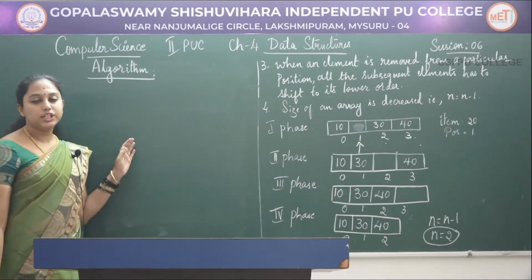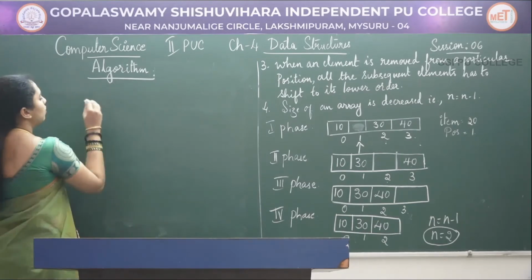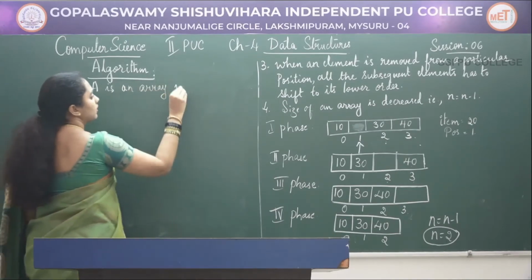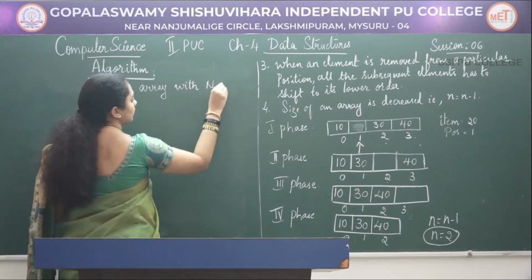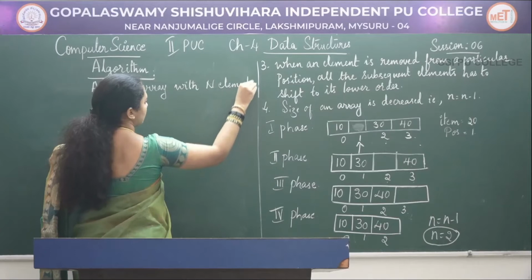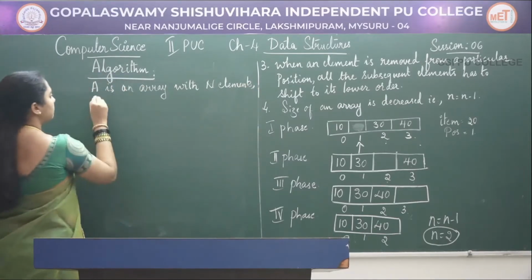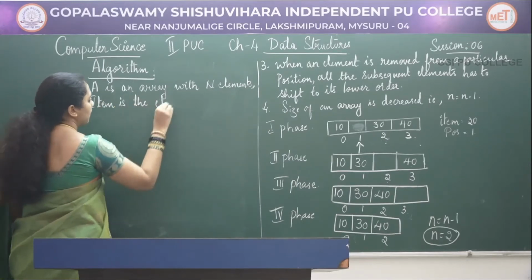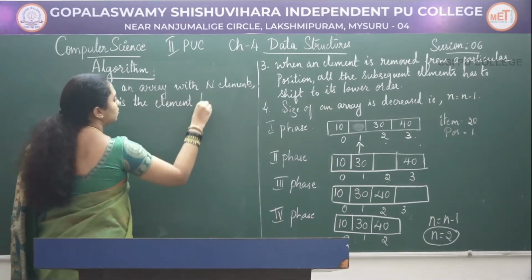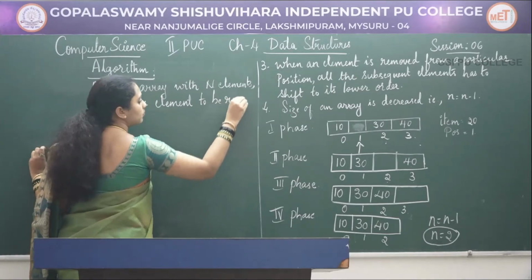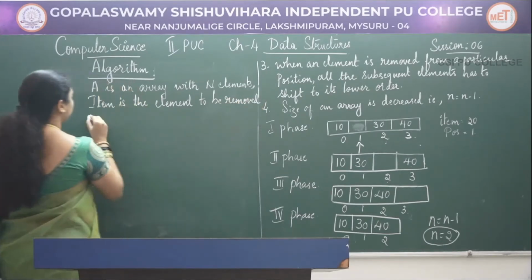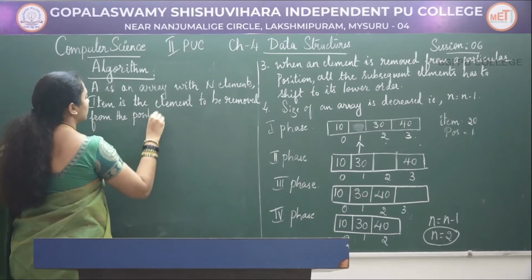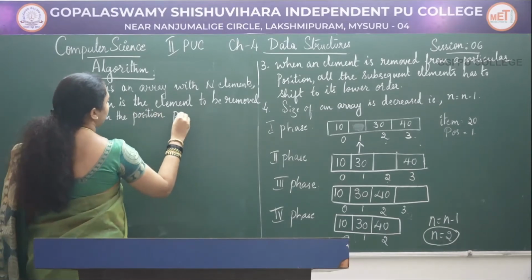So, algorithm for deletion of an element from an array. Here A is an array with n elements, and item is the element to be removed from the position POS.